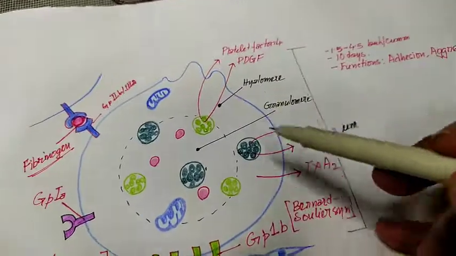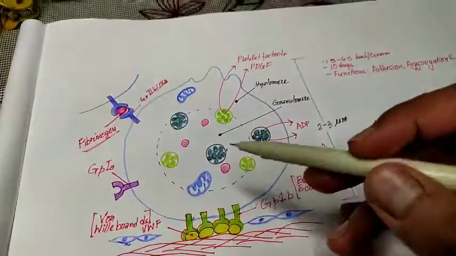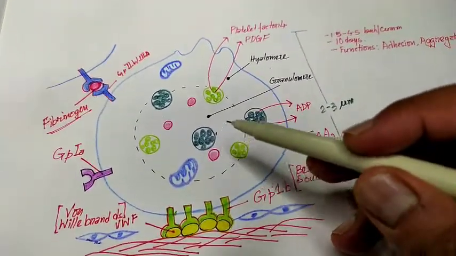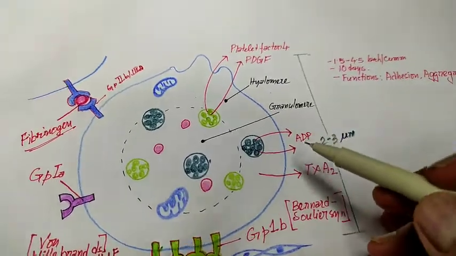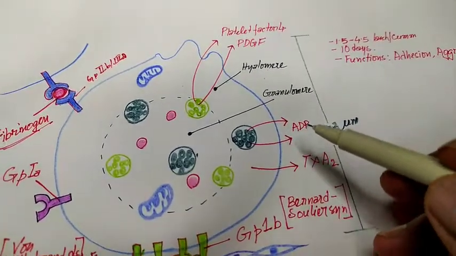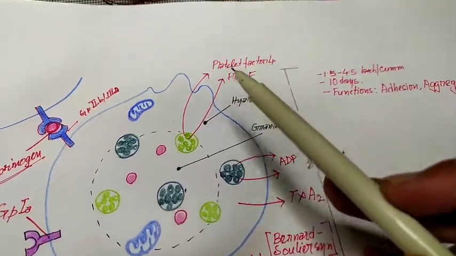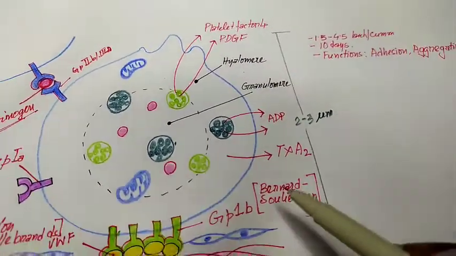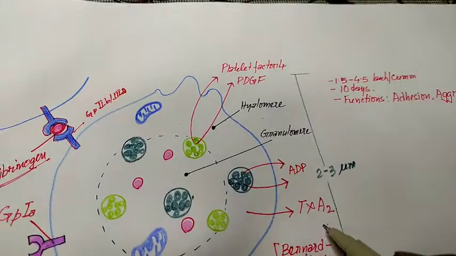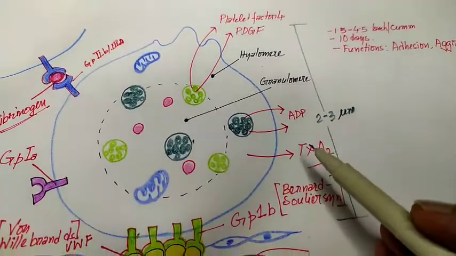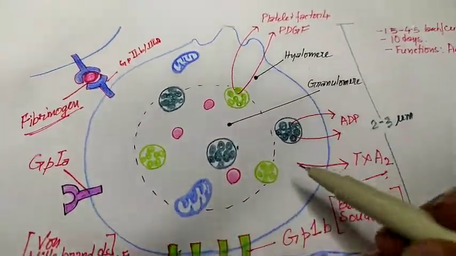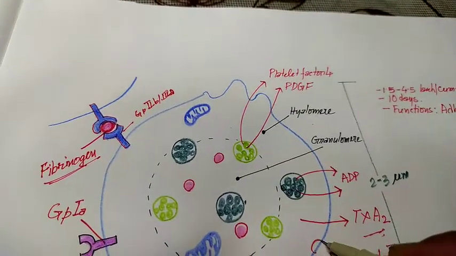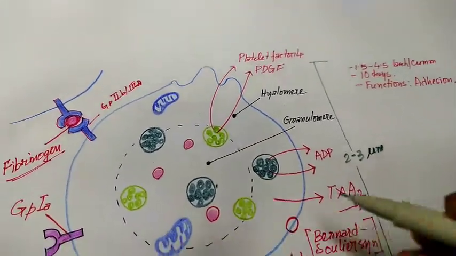After that there is activation of the platelet, and there are various structural changes along with release of factors like ADP, platelet factor 4, platelet derived growth factor, and also there is production of thromboxane A2, and this thromboxane A2 actually generates from the wall of this platelet.